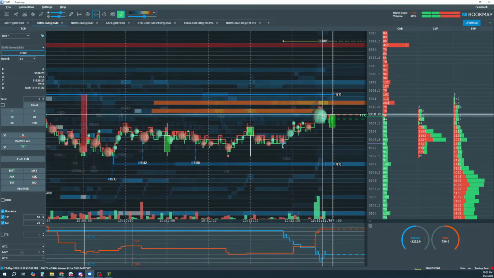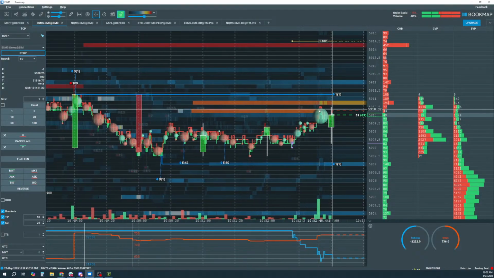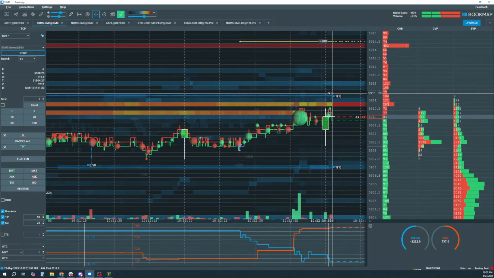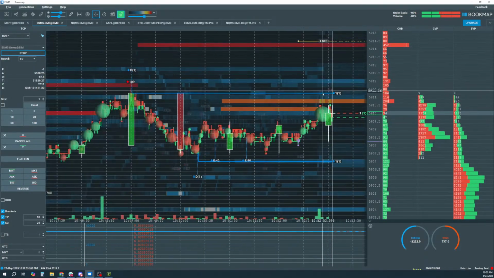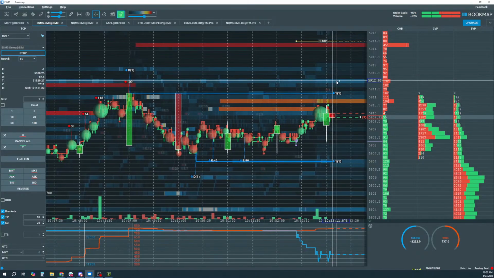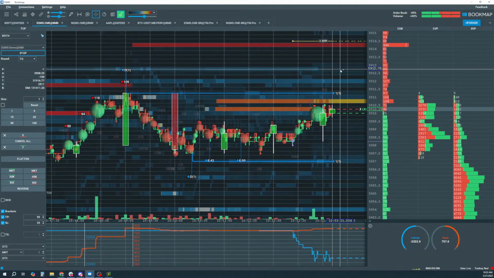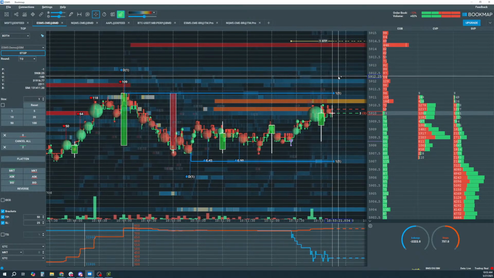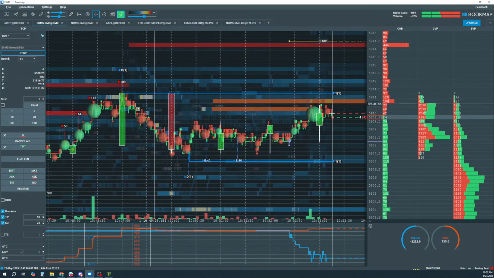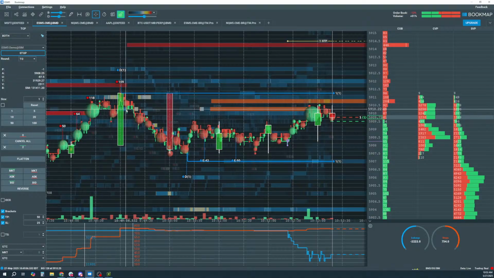We see the high liquidity just transacted on big volume here. And this has retraced all the way back up into this candle here.